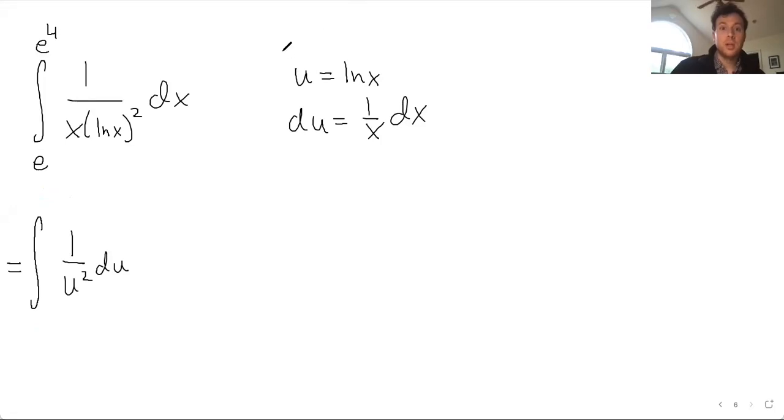We can actually use this same equation here, u is the natural log of x. Because we can say, okay, x equals e. So what we can say is this lower bound e, put that e into the natural log and see what the corresponding u is.